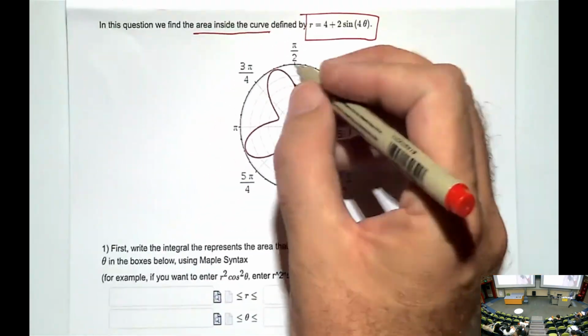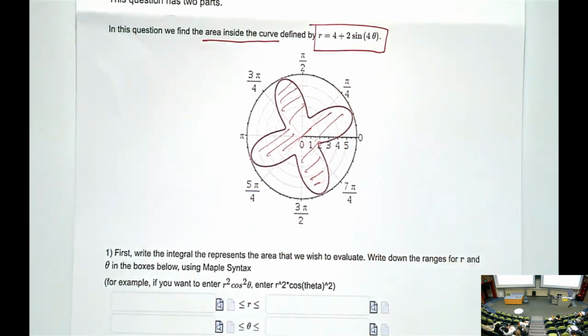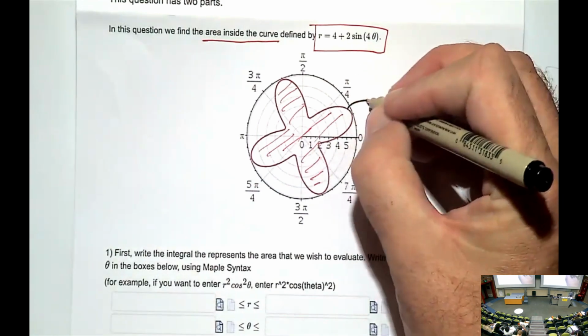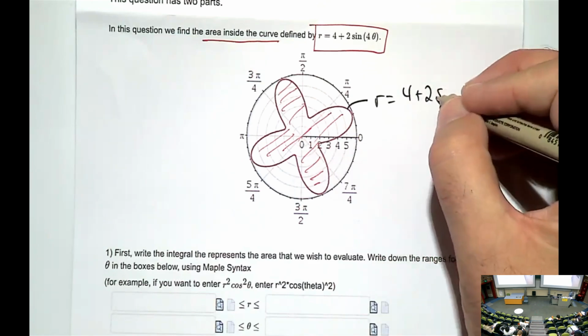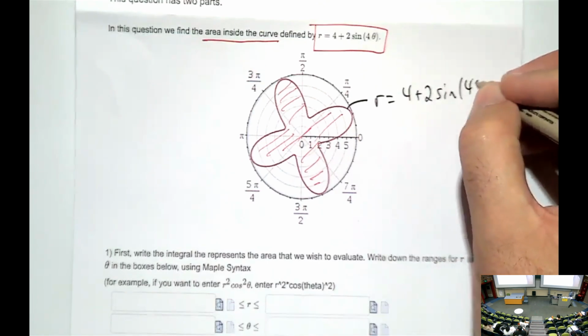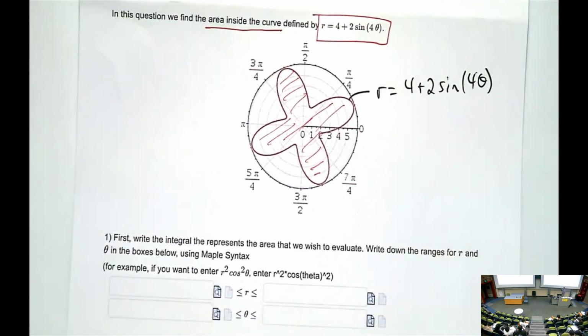So we basically want to find the area inside the curve. Okay? So the curve is, okay. So what will the limits of integration be, say, for theta, for the angle?